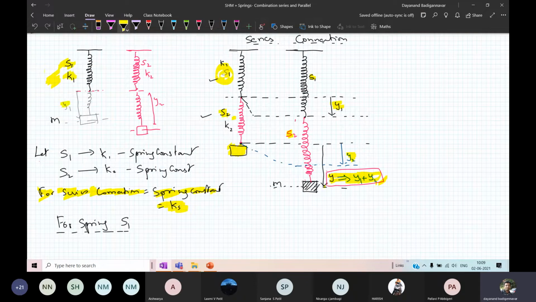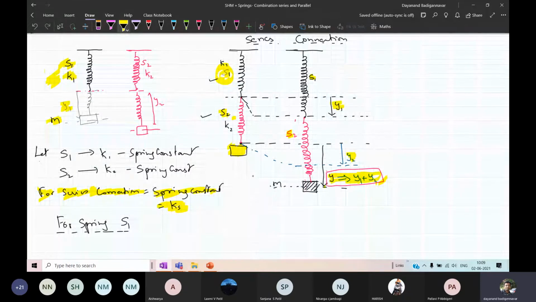So I can assume that the same spring is present in this series combination also. Therefore I should find the displacement. So what is the restoring force? What is the mass that is hanged here?